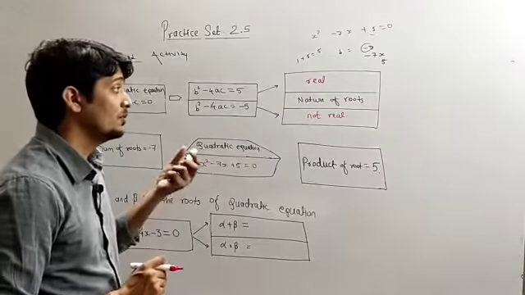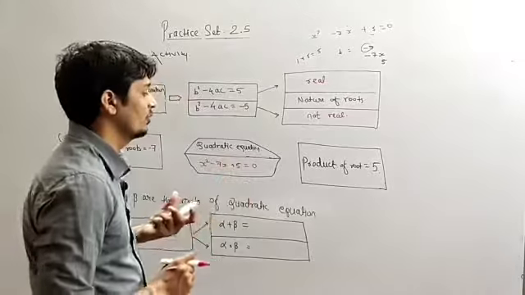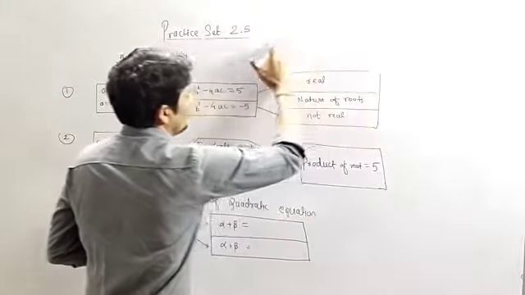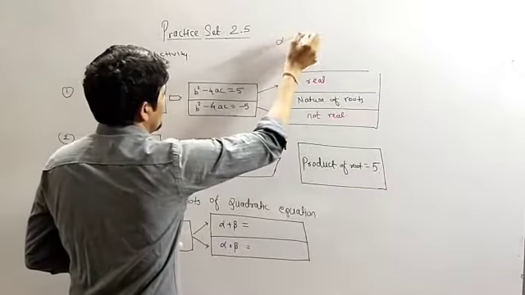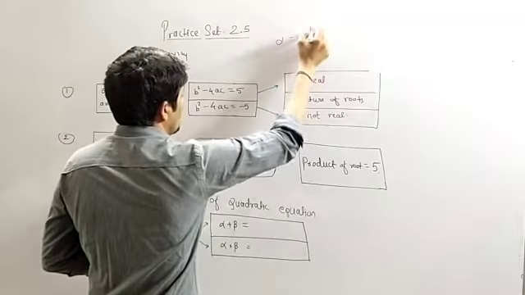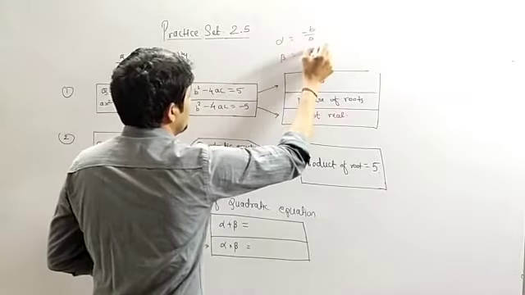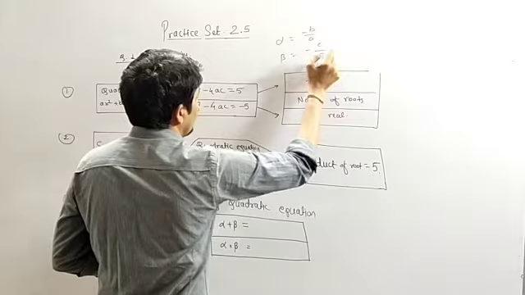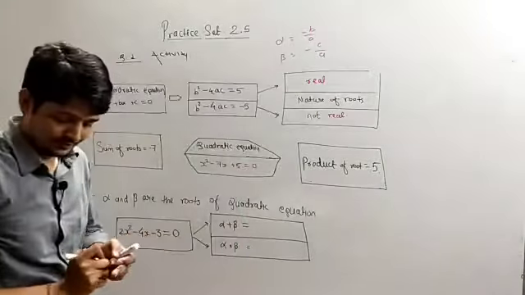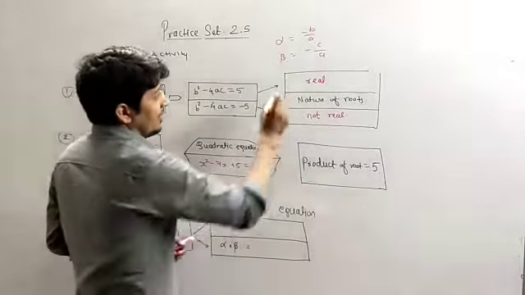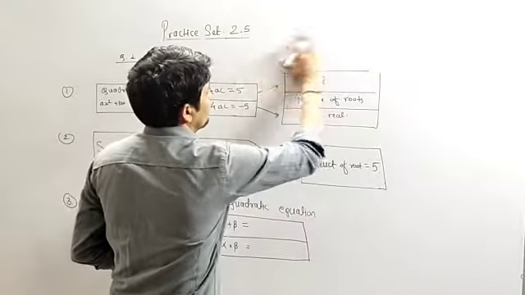We can also represent this with alpha and beta. We know alpha equals minus b divided by a, and beta equals c divided by a.